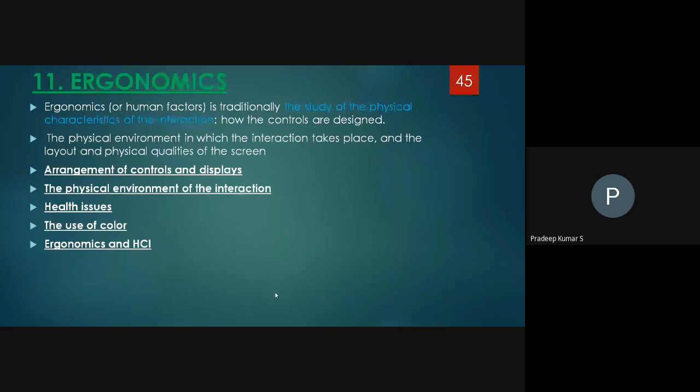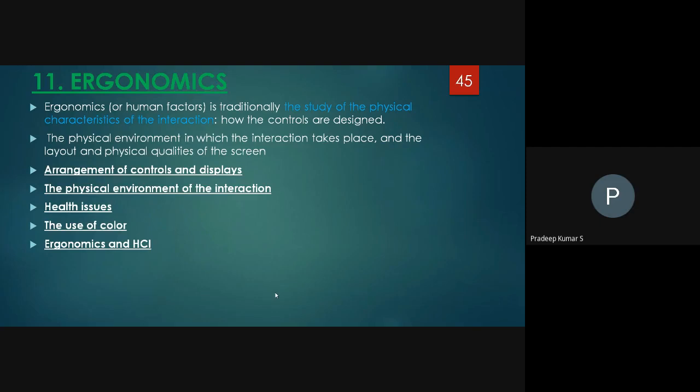So what are the qualities that can be referred to in the screen? There are 5 qualities referred to in the screen. They have asked this question several times: explain the issues, what are the issue levels in ergonomics performance. So we have to explain elaborately the physical qualities of the screen.